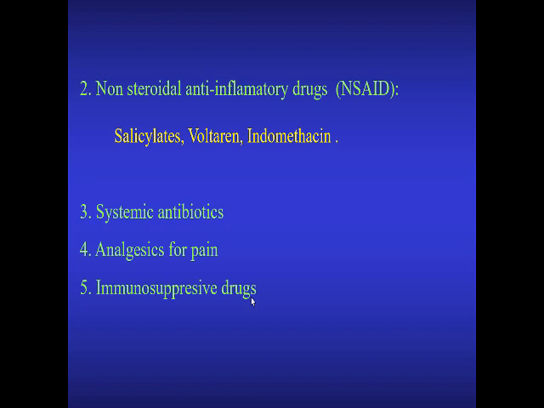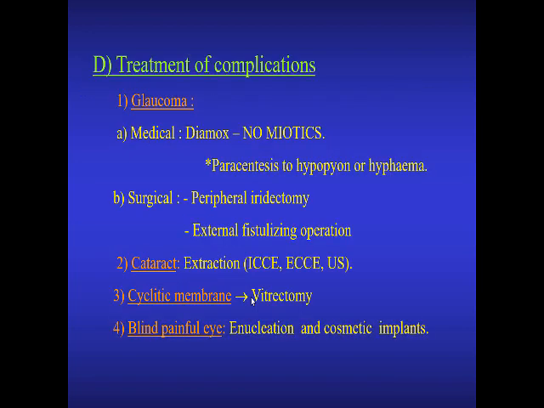Non-steroidal anti-inflammatory drugs supplement the corticosteroids, along with systemic antibiotics, analgesics for pain, and immunosuppressive drugs. Once complications occur, you should manage the complication. For glaucoma, medical treatment uses Diamox, and you should not use miotics. Paracentesis for hypopyon or hyphema.